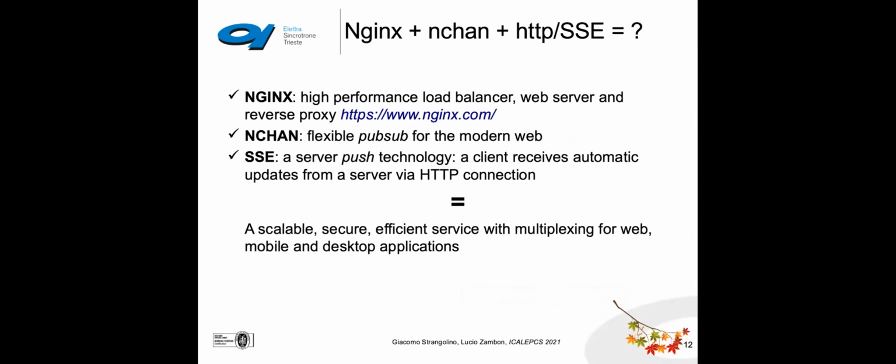The best choice is server-sent events through this mechanism. And we use also a database called Redis. And this is the schema of the whole system. And I leave the connection to Giacomo Strangolino.